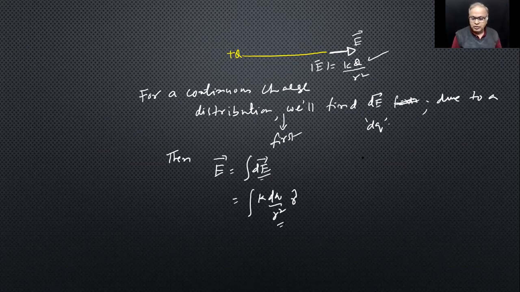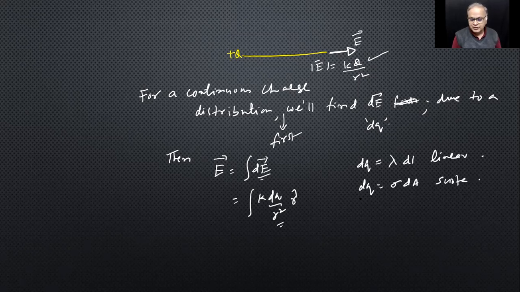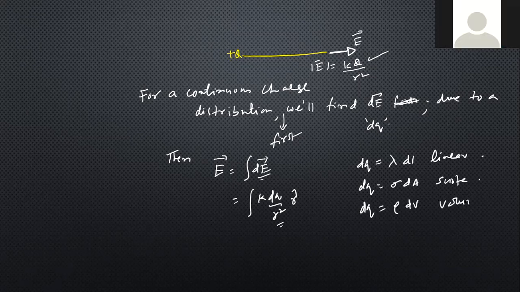And we already know dq equals lambda dl for linear charge, dq equals sigma dA for surface charge, like we have written in the previous slide, and dq equals rho dV for volume charge.